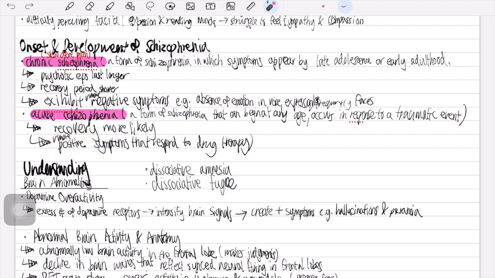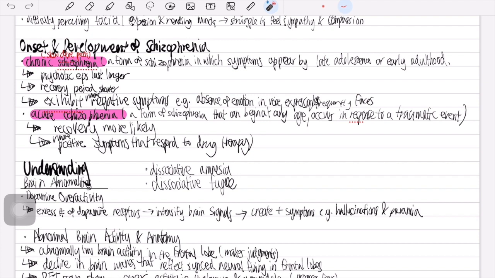And again, note that positive symptoms does not mean that it is semantically more positive, but in the sense that it's just added behaviors and not diminished behaviors.